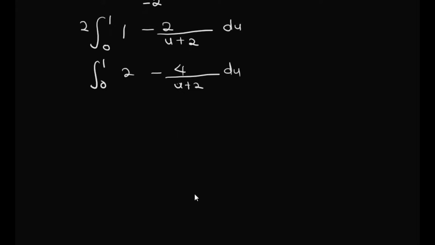So let's integrate now. If you integrate 2, you get 2u. In this case, we get 2u minus 4, which is just a constant we factor out, times ln of u plus 2.